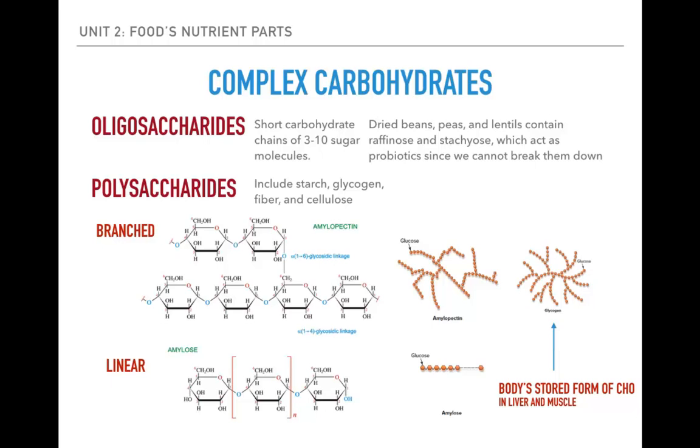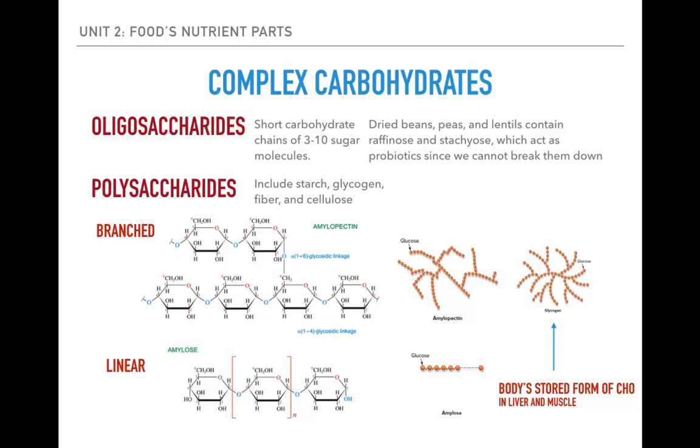Polysaccharides include starch, glycogen, fiber, and cellulose. And the interesting thing about starch is we have chains of glucoses. You can see these chains of glucoses towards the right side of the screen here. And notice that the structures can either be branched or in a long straight line. The branched ones are called amylopectin, and then the linear ones are called amylose.